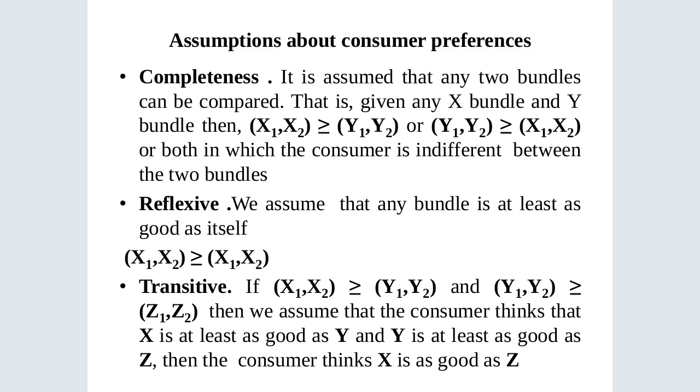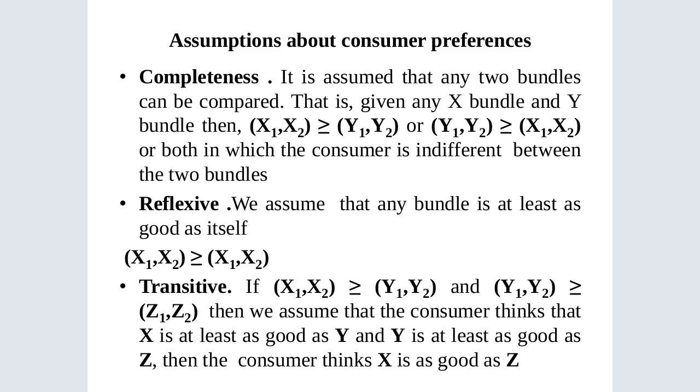If you have an X bundle and a Y bundle, for example, then in terms of preferences, X1, X2 is greater than Y1, Y2, or Y1 and Y2 is more preferred than X1, X2, or both, in which the consumer is indifferent between the two bundles. So that is what we refer to as completeness. You can compare the two bundles.